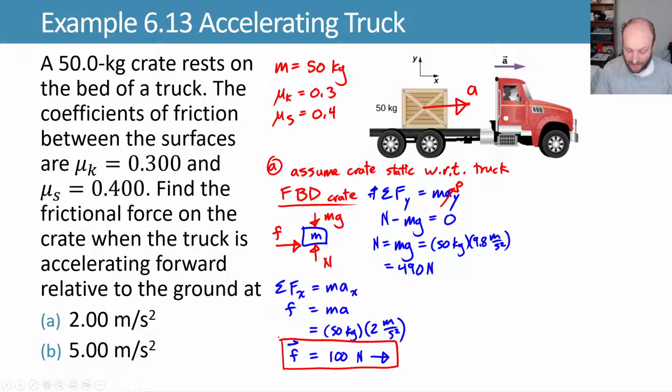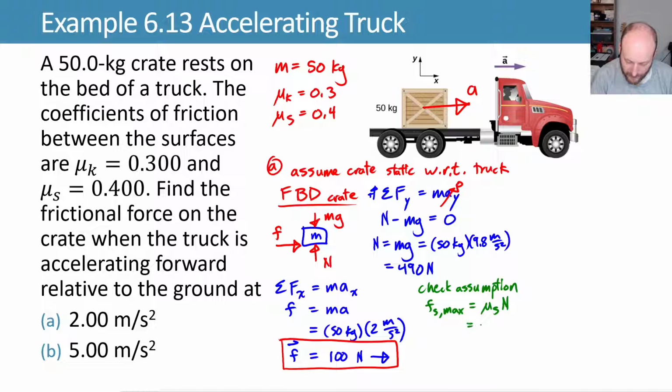Is that possible? This is where we can check our assumptions. We assumed that the crate was static. Let's check to see if we are able to actually exert that much frictional force. We'll do that by looking at the maximum static frictional force. And I guess we could have tried to do this initially before making this assumption. That's equal to mu s n.